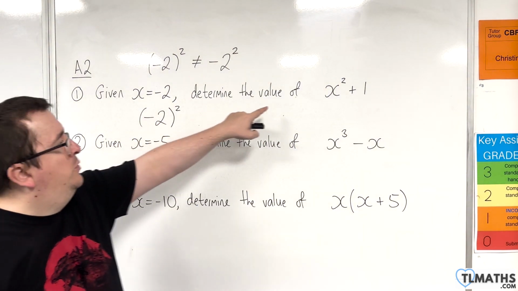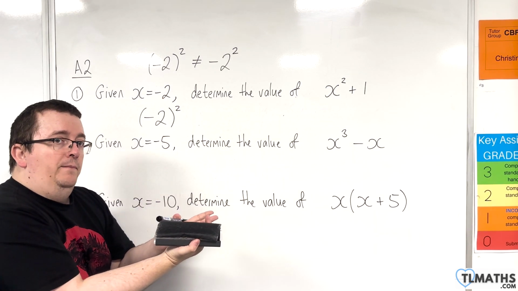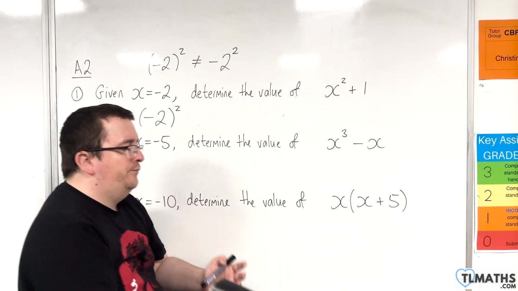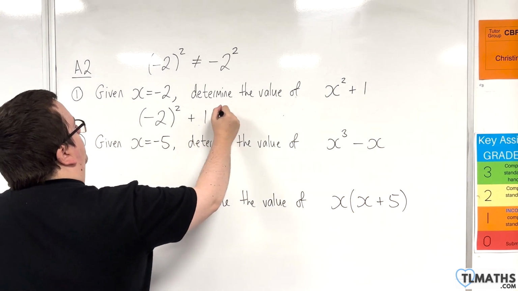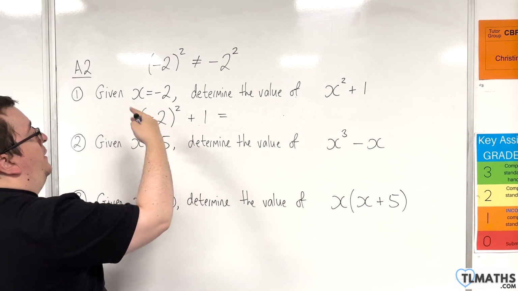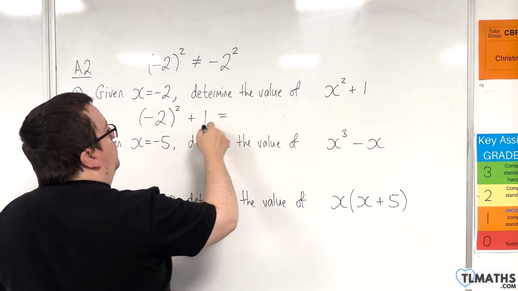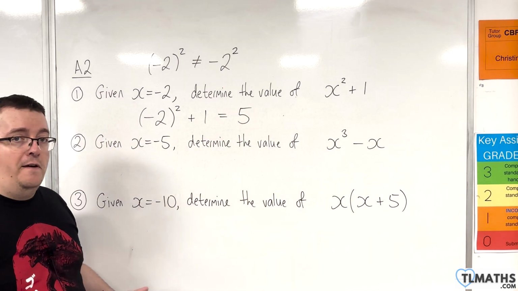The minus 2 is replacing the x, and the minus 2 is being all squared, not just the 2. So we have this. So minus 2 all squared is 4, plus the 1 is 5. So our answer to number 1 is 5.